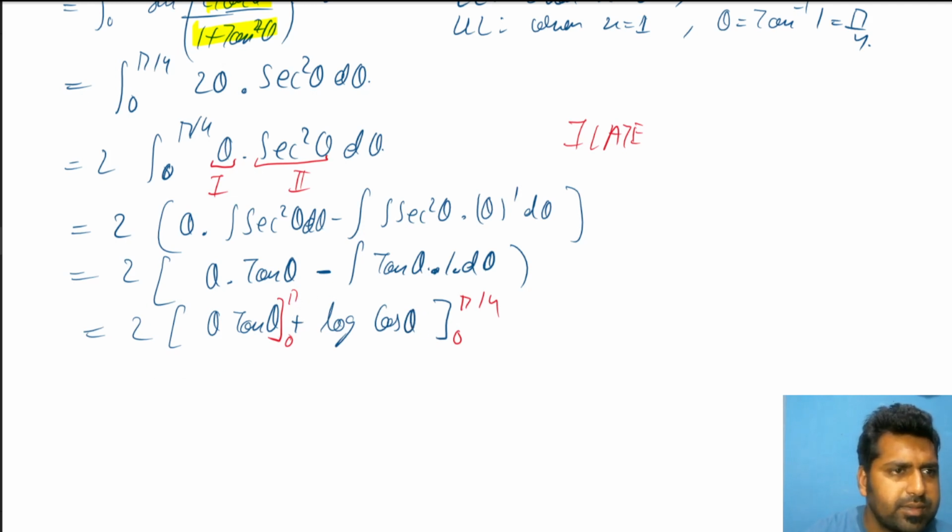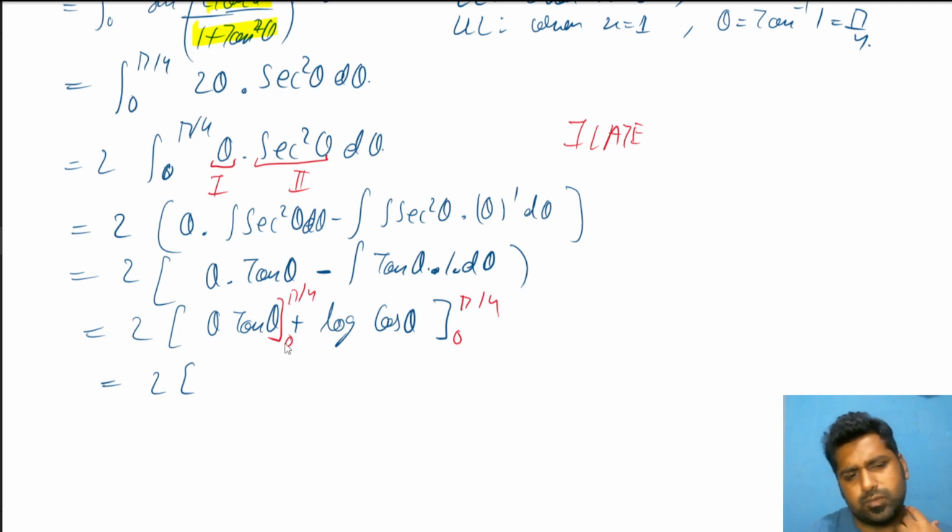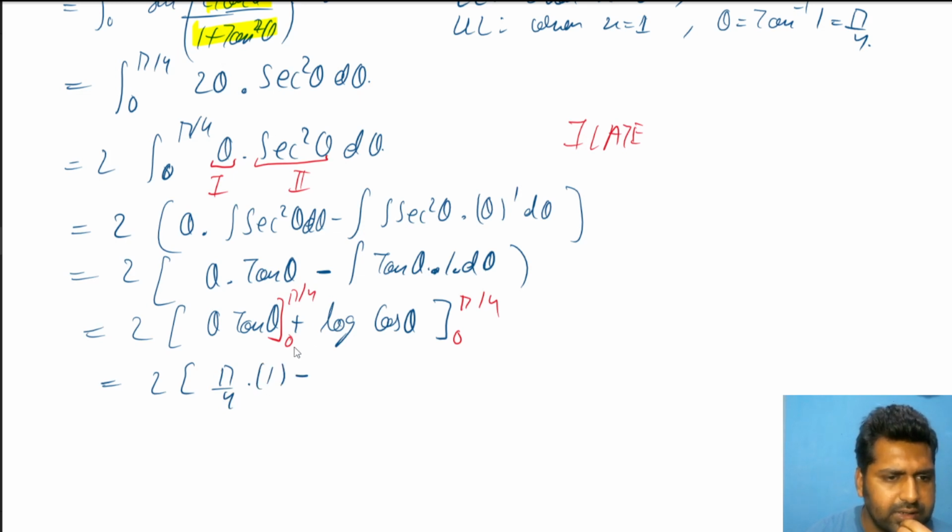Let's solve them separately, it'll be easier. So you can solve in one go together also, it's not a problem. So basically pi by 4 tan pi by 4 is 1, minus the lower limit, you put 0, 0 into anything is 0, so 0.